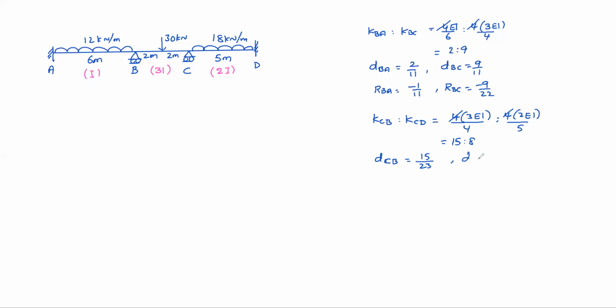Distribution factor of CD equal to 8 by 23. Rotation factor of CB equal to minus 15 by 46. Rotation factor of CD equal to minus 4 by 23. Okay, so now we'll start. This one span 2 and span 3.